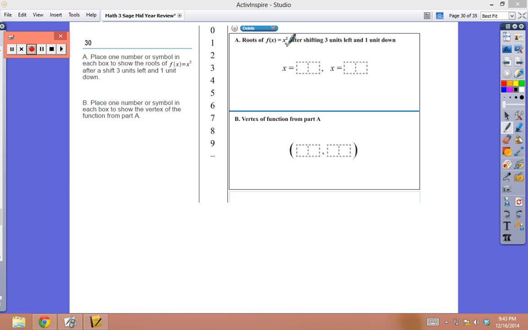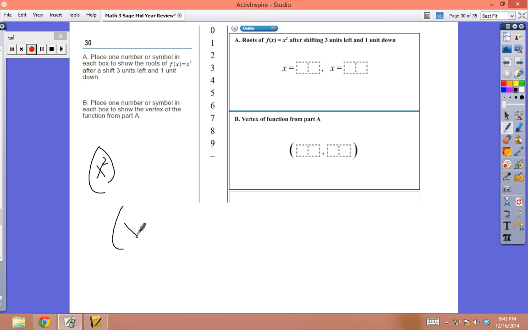Okay, the roots of x squared after you shift it 3 units left and 1 unit down. So x squared, if you shift it 3 units to the left, I guess it's going to be this. x minus 3 to the left is going to be a negative 3. And then 1 unit down is going to be minus 1.